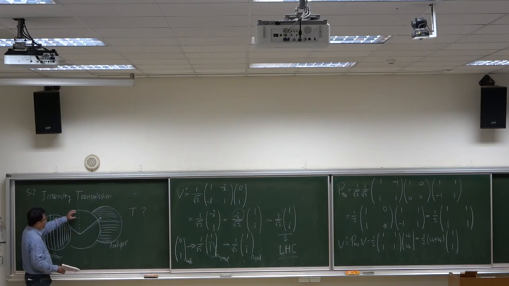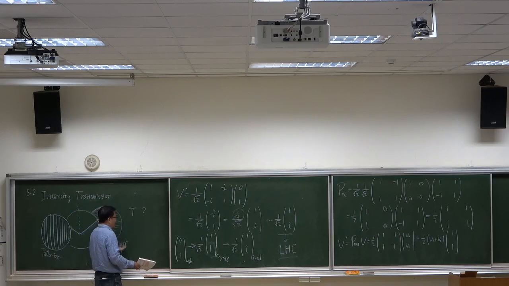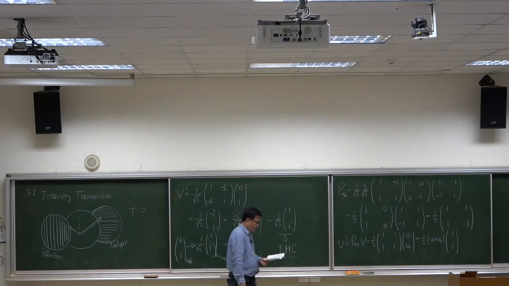And we use this wave plate to influence or change the polarization state of the incident light. And finally, we let the light penetrate the second polarizer, the analyzer, and see what the resultant transmission is.